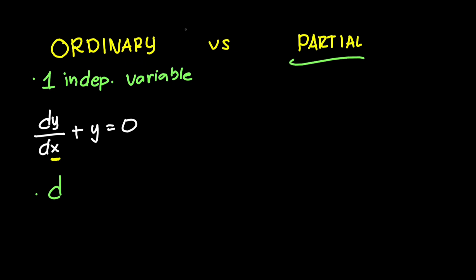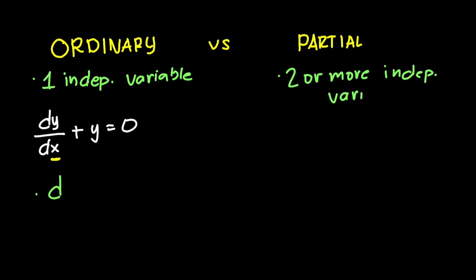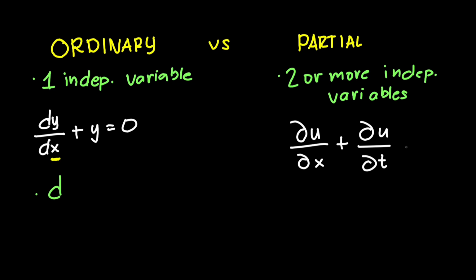Next up, for partial, it contains two or more independent variables. An example of this would be the partial derivative of u with respect to x plus partial derivative of u with respect to something like t equal to 0.